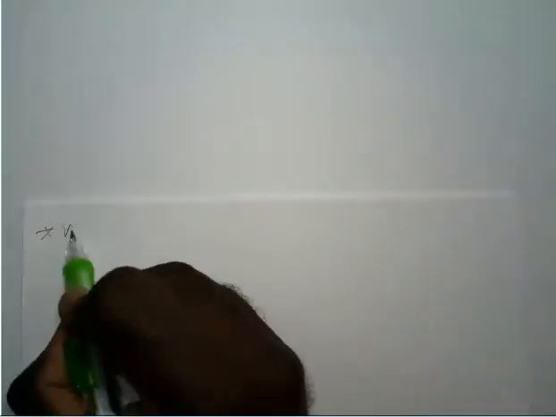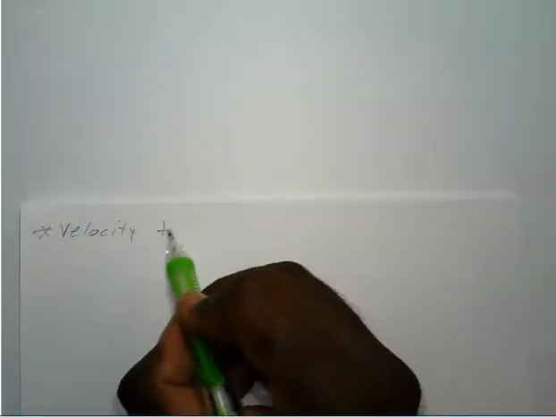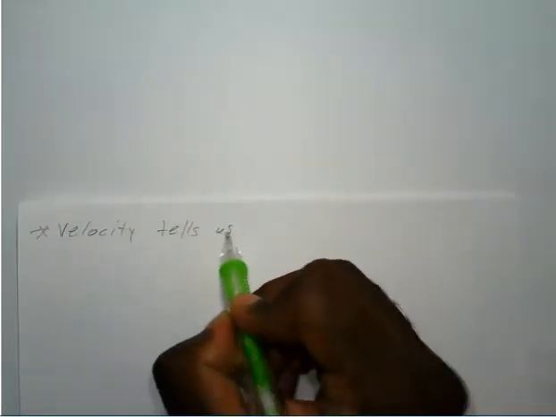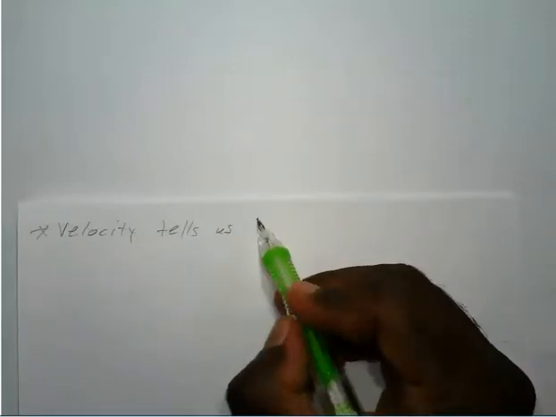Okay, and this is showing the movement of a particle. So what do we know? We know that velocity tells us basically speed and direction.